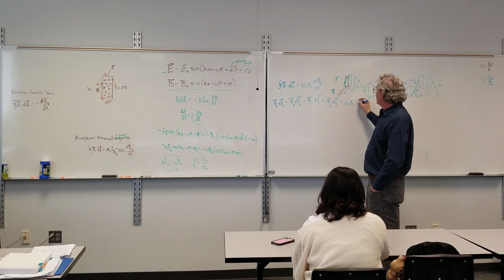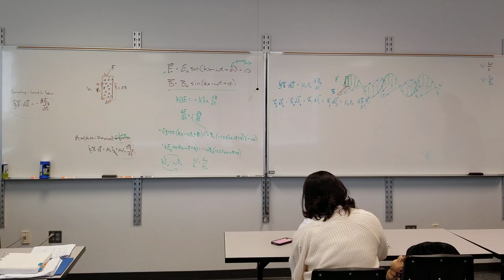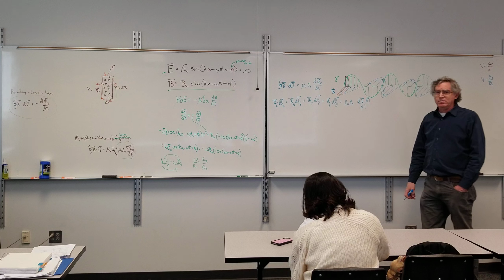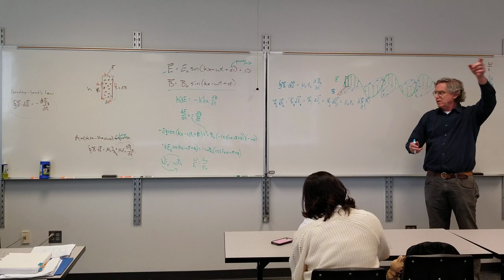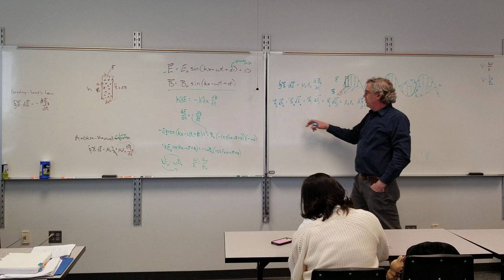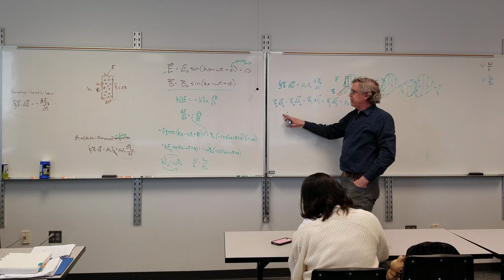Very similar to what I did last time, except B and E switch. My area is not changing with time because that is a virtual physical disk area, so area is going to pop out.